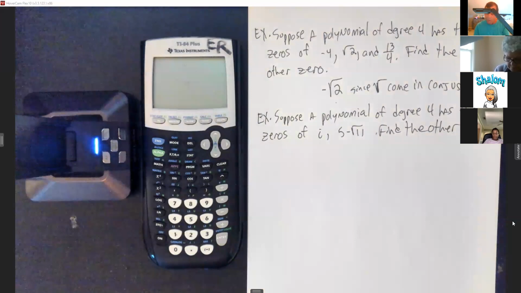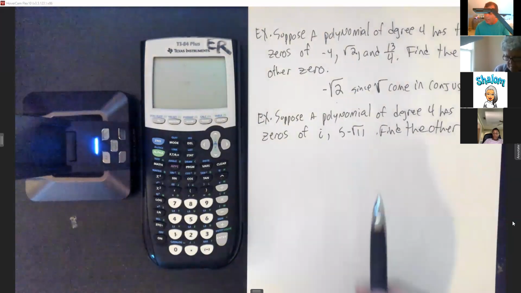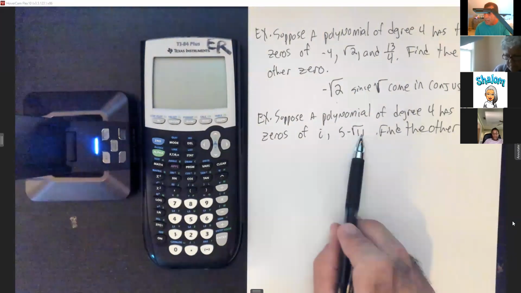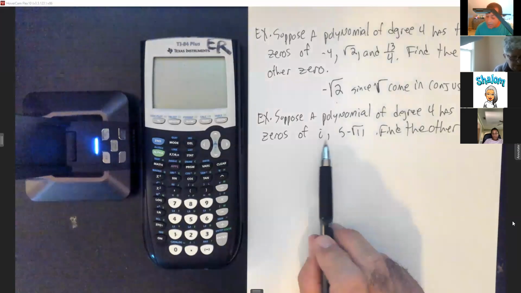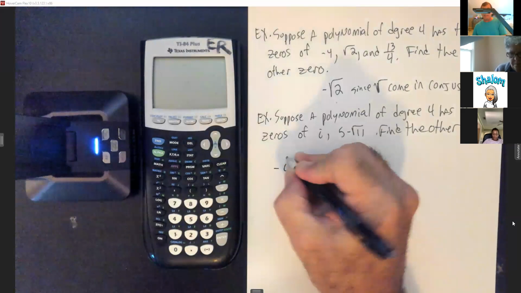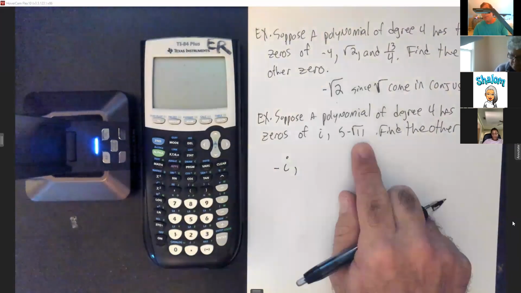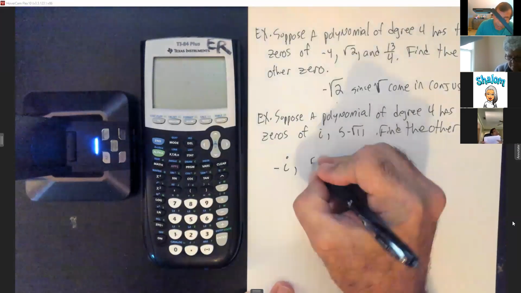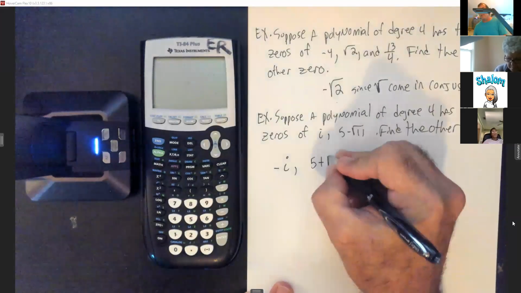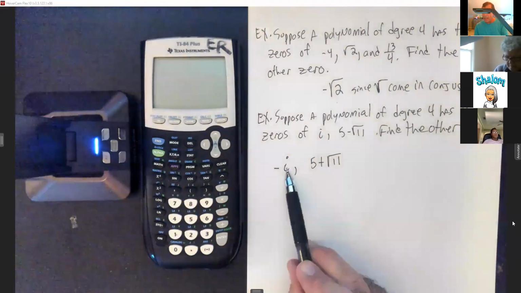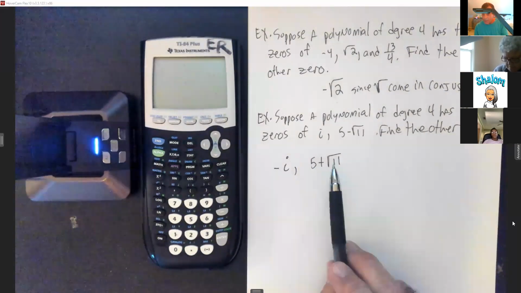So I got a degree 4, which means I end up with 4 zeros. Now they're only giving me 2 of the zeros this time, but I do know that the i's come in conjugate pairs. So if i is a 0, its conjugate would be a negative i. I also know that these radicals come in conjugates, and if 5 minus square root of 11 is a 0, the other 0 would be 5 plus square root of 11. And that would be because imaginaries come in conjugates, radicals come in conjugates.